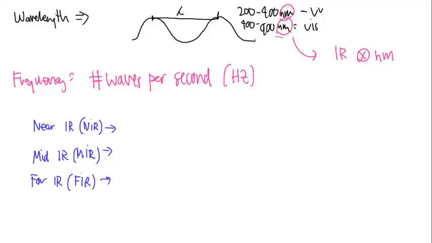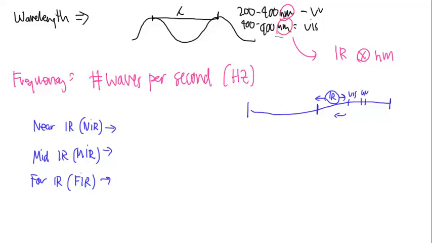Okay? So what we're doing is that we're looking at the electromagnetic spectrum, and we said that, well, this is UV, and this is visible, and we said beyond the visible is the infrared region. The infrared region is quite large, okay?